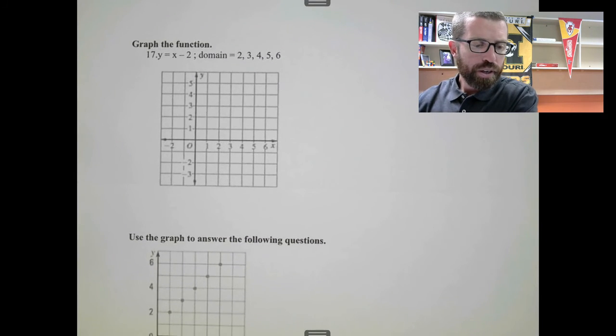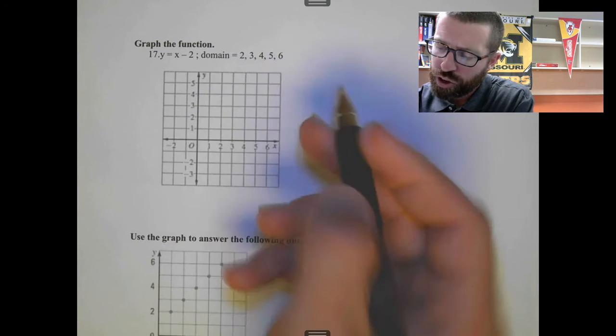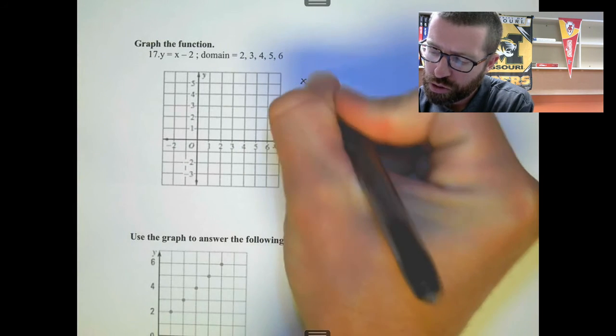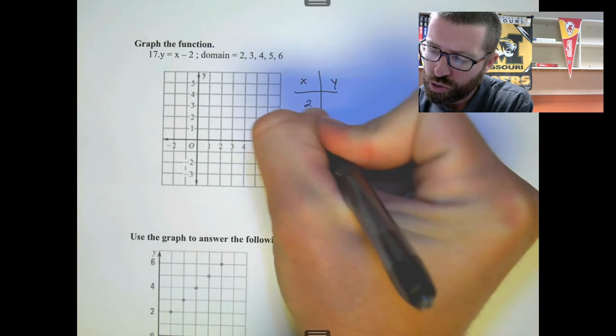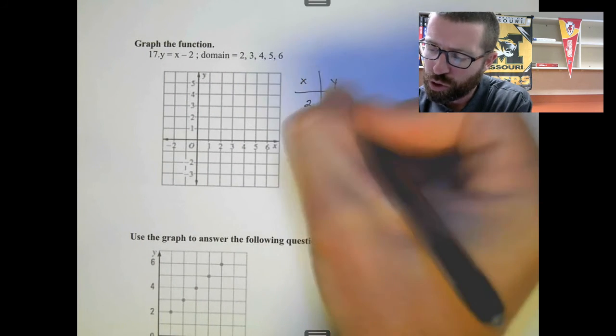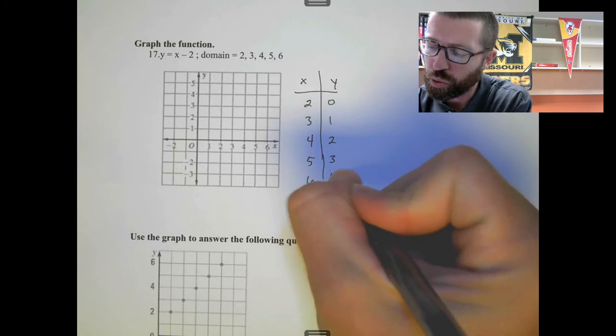17, we're going to graph this function. So the domain is subtracting 2 each time. So if we want to do like an XY table, 2, 3, 4, 5, and 6, then we just subtract 2: 0, 1, 2, 3, and 4.